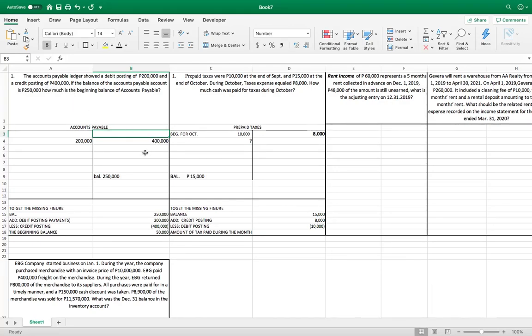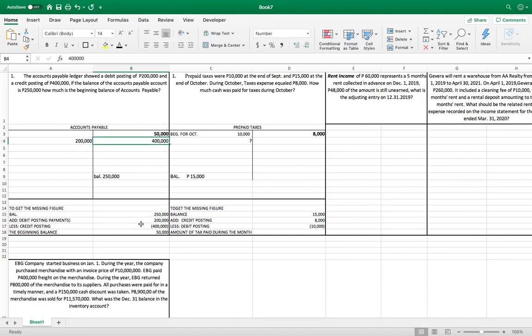If the balance of the accounts payable account is 250, how much is the beginning balance of accounts payable? It's very easy. All you have to do is 250 plus 200, that's 450, minus 400. So therefore, the beginning balance is 50,000.